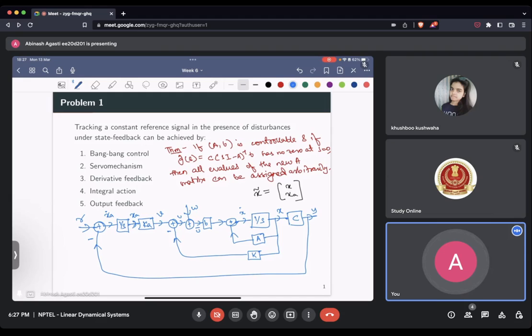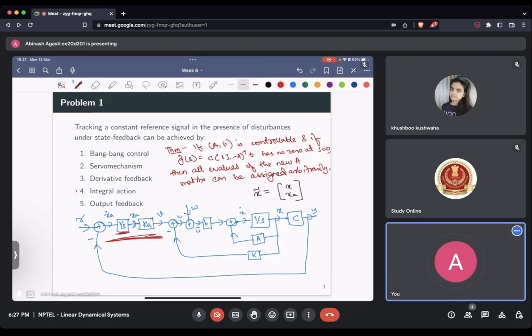Yes, what kind of action are we adding on the system to help reject disturbances? So this is the new part, right? Taking this fictitious state and introducing these kind of actions. And this is just an integral action, right? Because here 1 by s is just an integration.